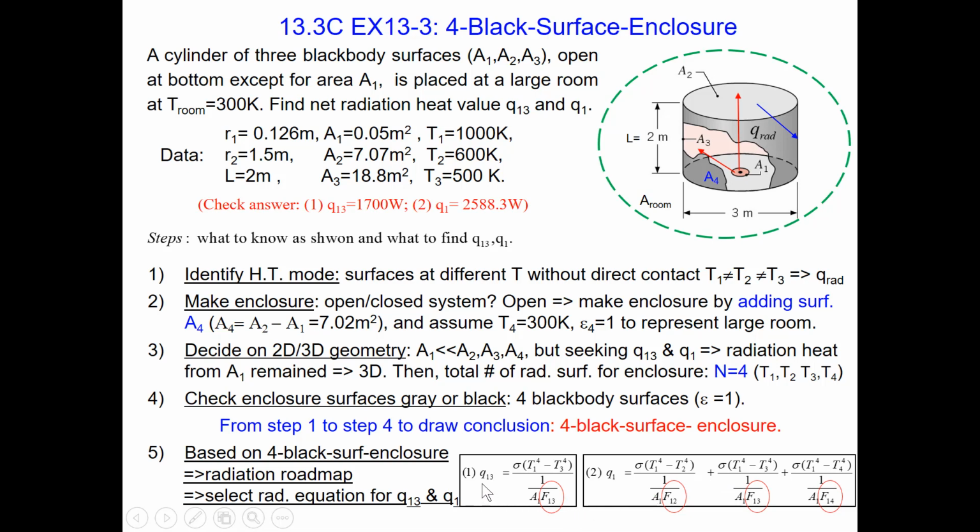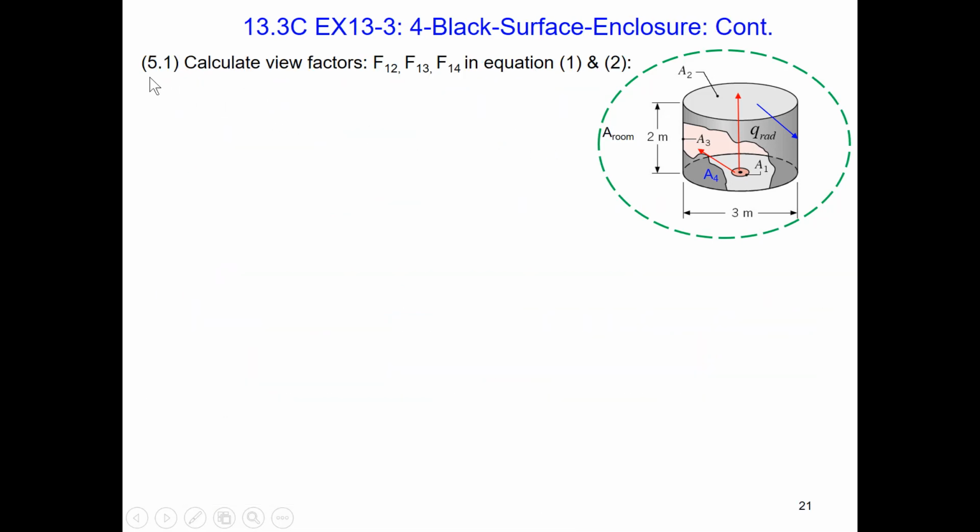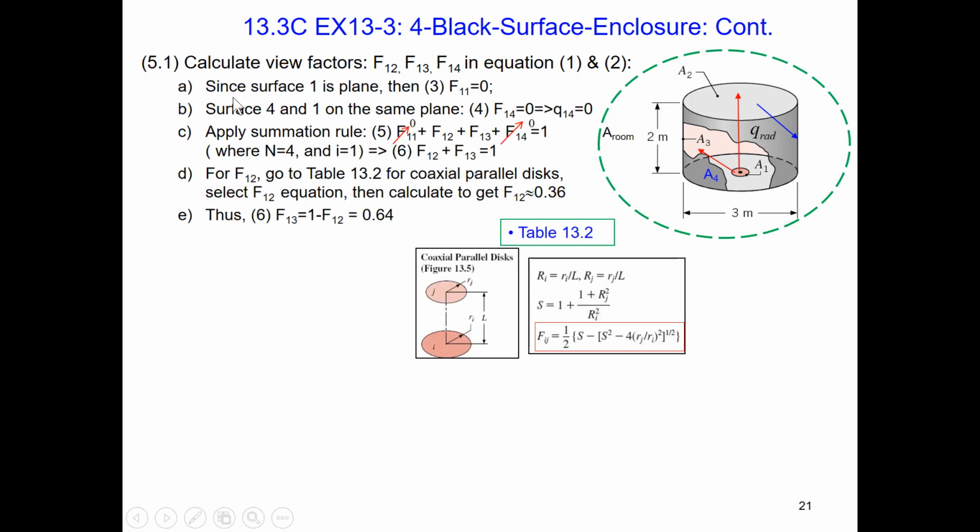In order to get the Q13 and Q1 values, we need to find the view factors first. Step 5.1. Calculate view factors. A. We start with surface 1 because it is a plane.